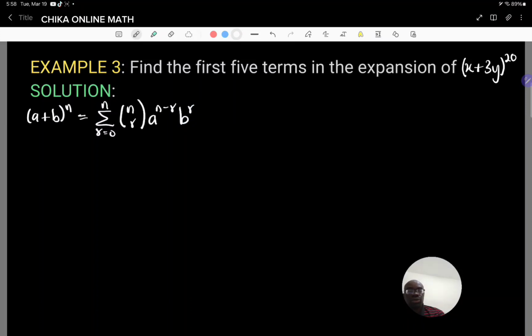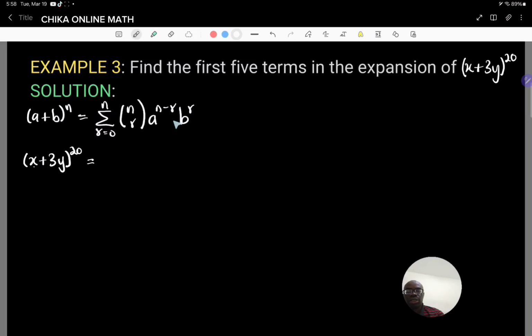So in our case, we are given (x plus 3y) to the power 20. If you compare, you see that our a is x, our b is 3y, and our n is 20.